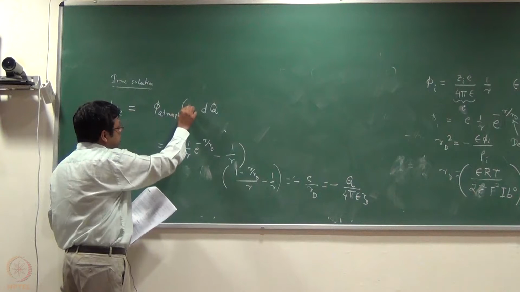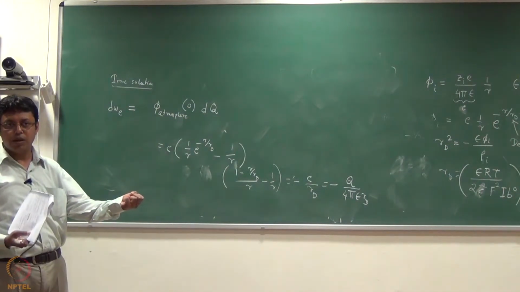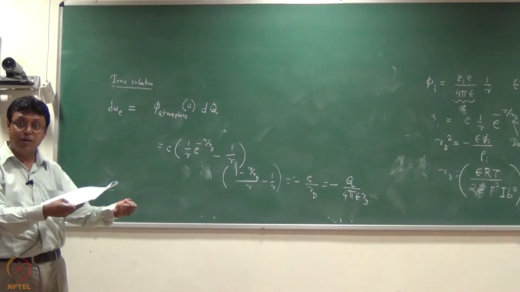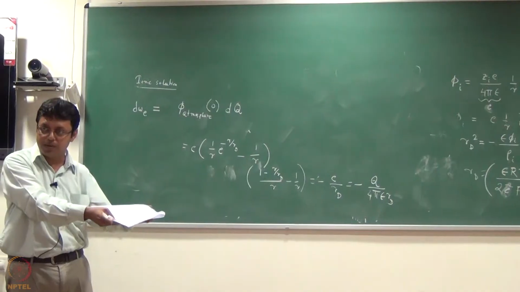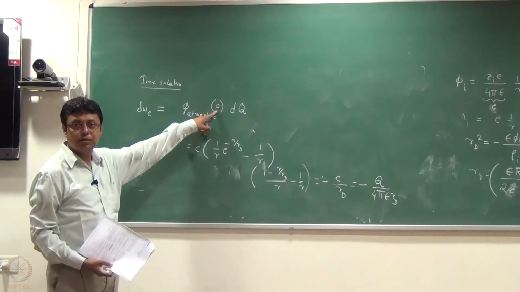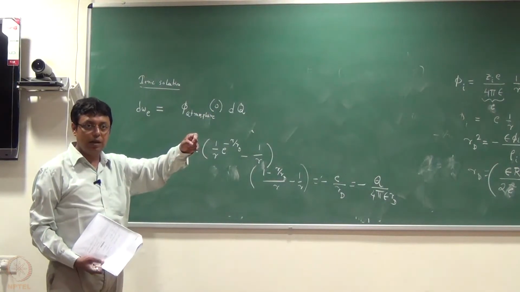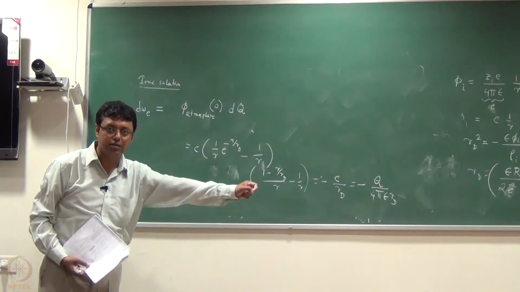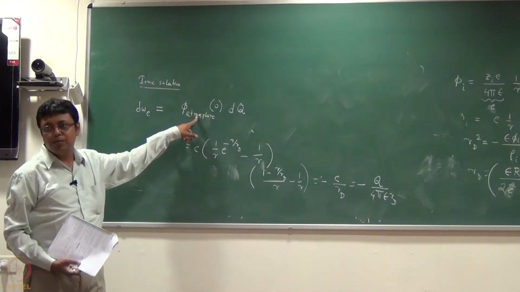So I had an effective potential, which is the difference between the potential created by the ion and the atmosphere, and that potential we calculated at the origin, which is my center. Now what I am saying is that the work done, if I add a little bit of charge to that effective potential, will be basically charge multiplied by the potential.